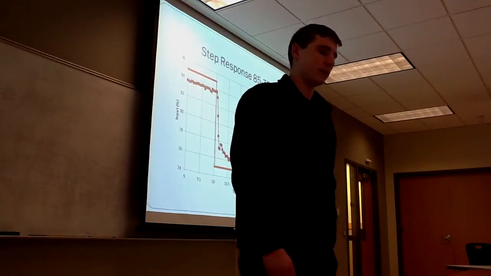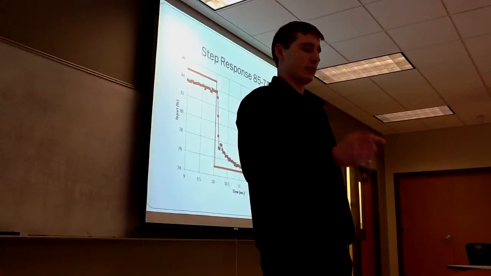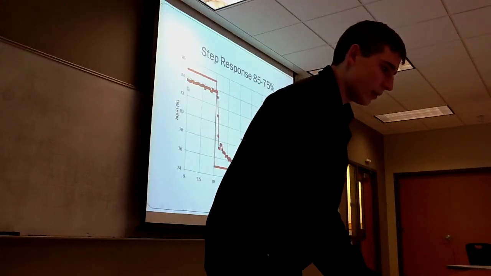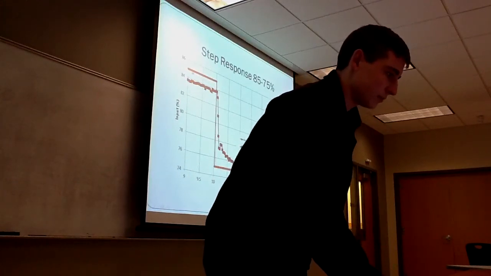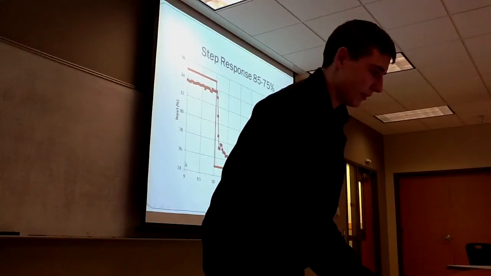Here's a step response graph from 85 to 75%. It's a step down, and the input is 85, follows along, here's M of T, and it goes down to 75.